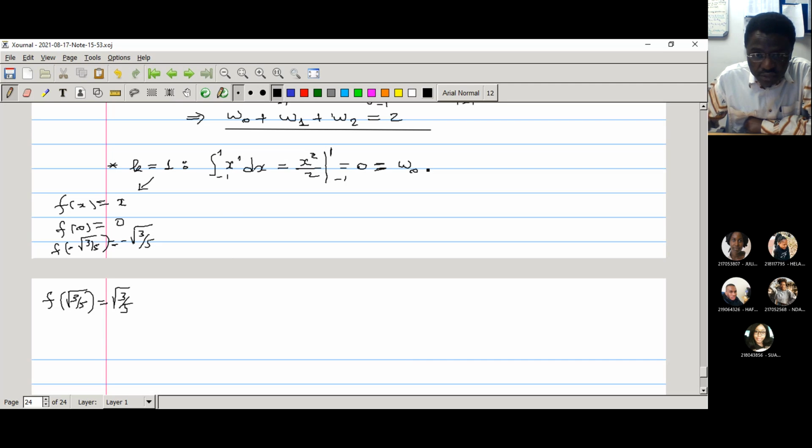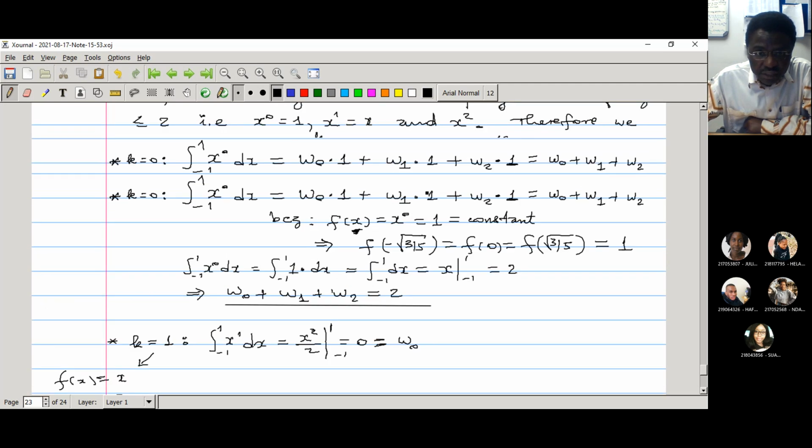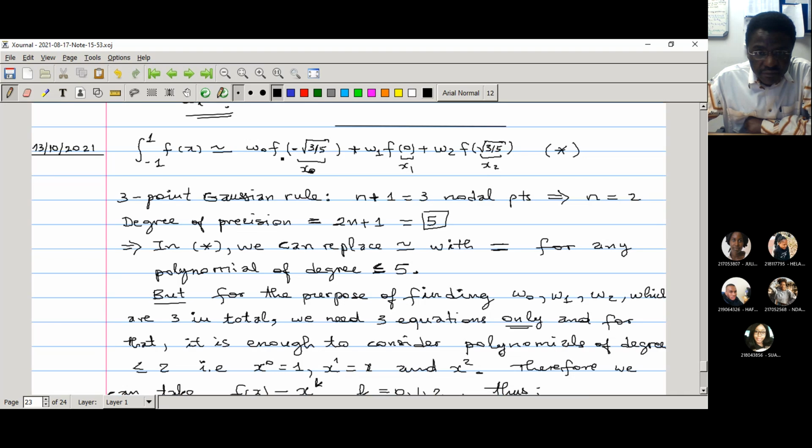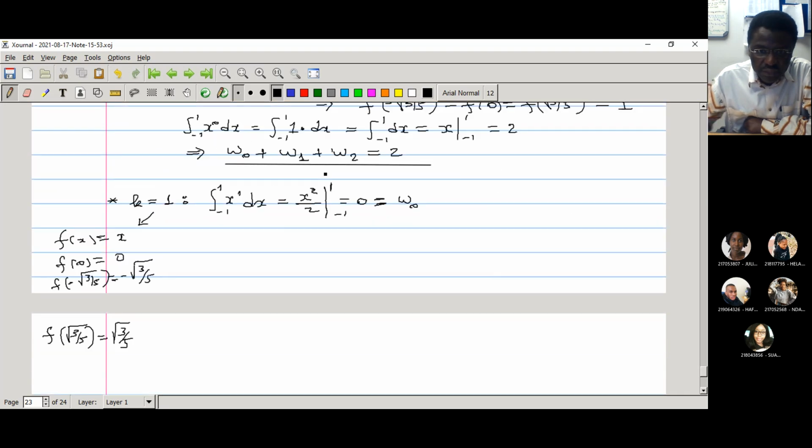So now, if I substitute here, f0 is multiplied by what? By f of negative square root of 3 by 5. So this is times negative square root of 3 by 5, plus W1, f of 0 is 0, plus W2 times f of square root of 3 by 5, which is square root of 3 by 5.